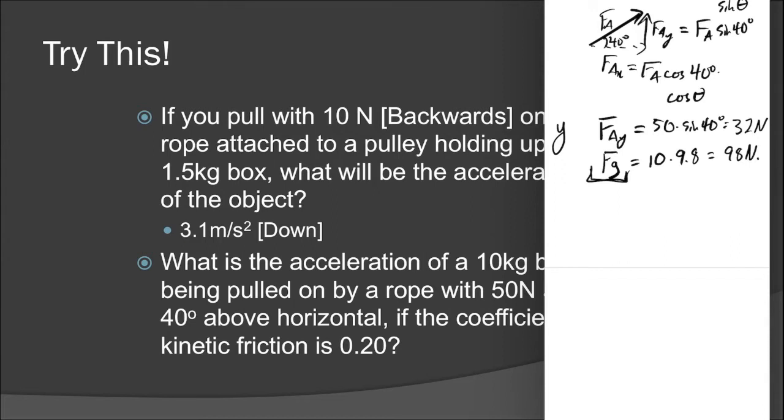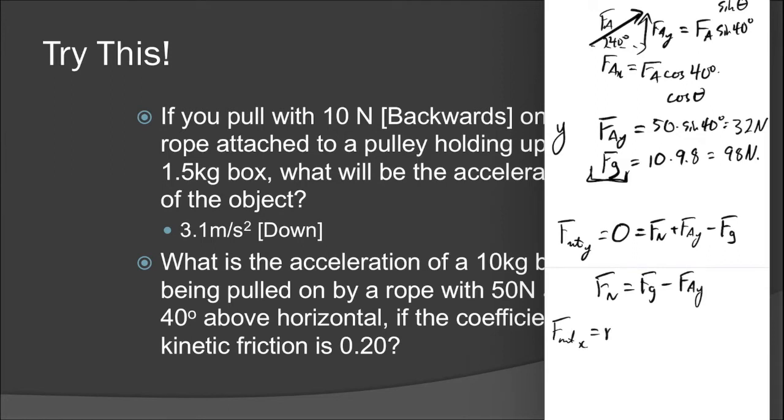So we have our total net force in the y is equal to 0 because normal force will make up for the rest of this gravity. Here, this is equal to our Fn plus our FAy minus our Fg. So our Fn is Fg minus FAy. We wish to find the acceleration in the x, so our F net of x is equal to our ma, which is equal to FAx minus the force of friction.